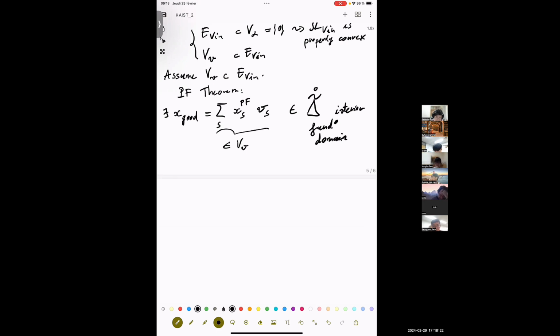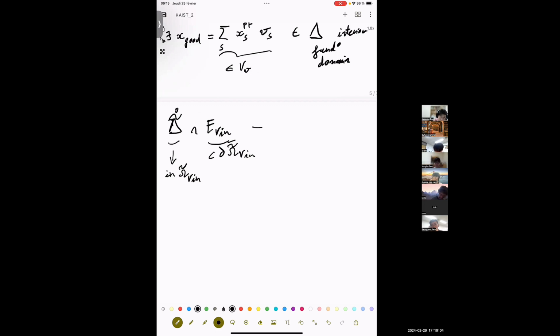So it means that the interior of delta tilde, the interior of the fundamental domain, intersects I Vin. But I Vin, we said, is included in the boundary of omega tilde Vinberg. And this is absurd because this interior has to be inside omega Vin, not in the boundary.